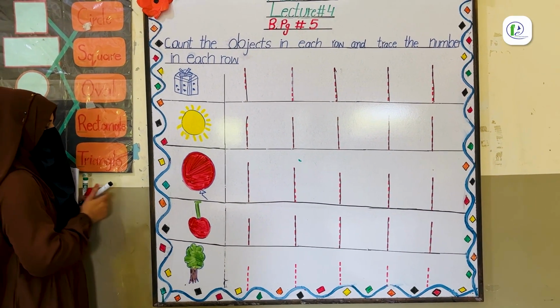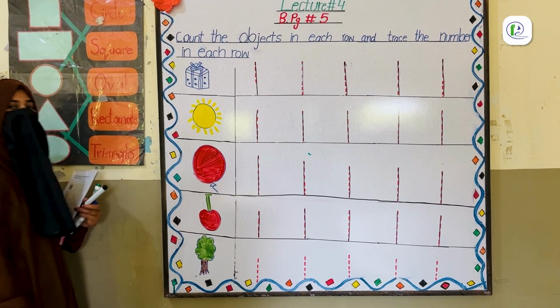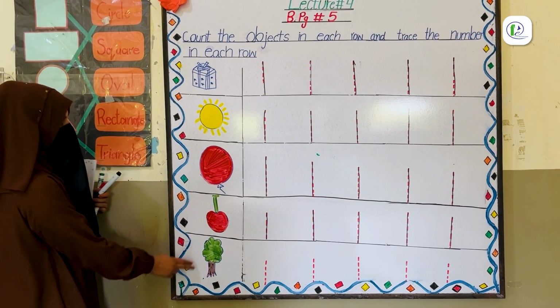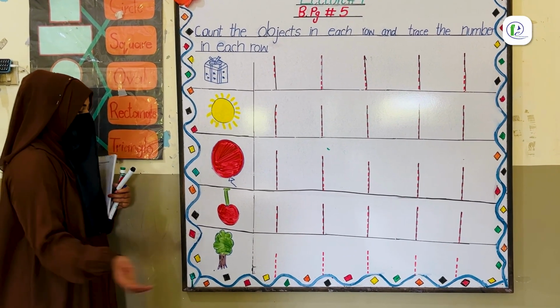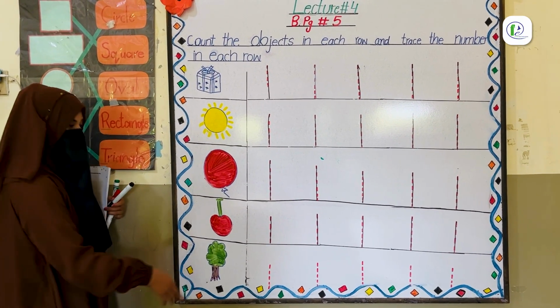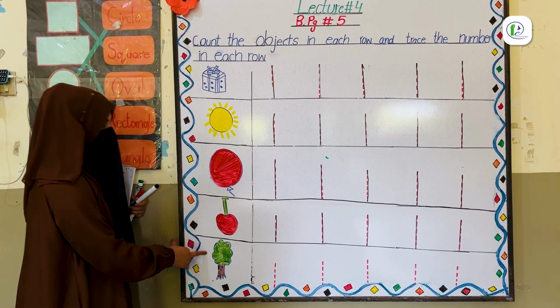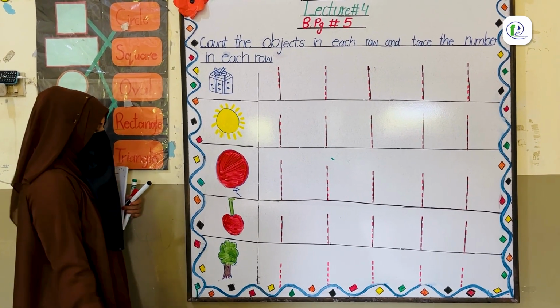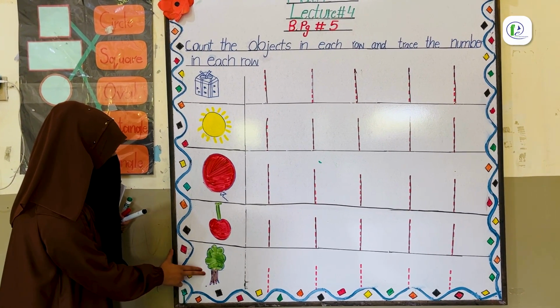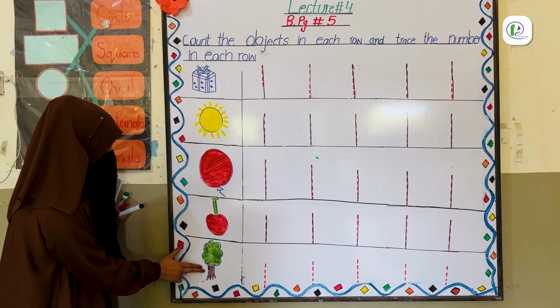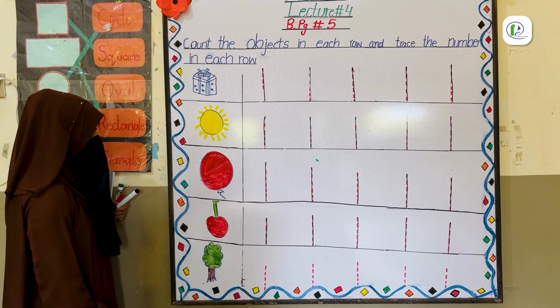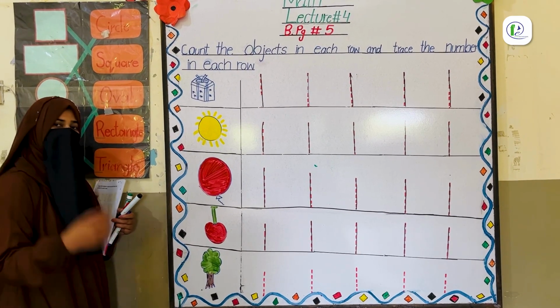Okay, students, let's move towards the next box, which is the last box. What is it? It is a tree. Wow, what is the color of the tree? It's green. Okay, student, how many trees are there? Look at this. It's just one.